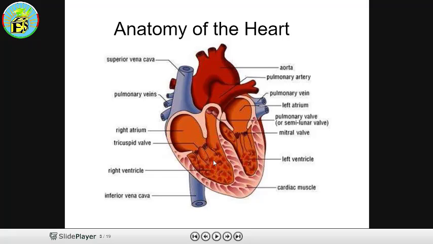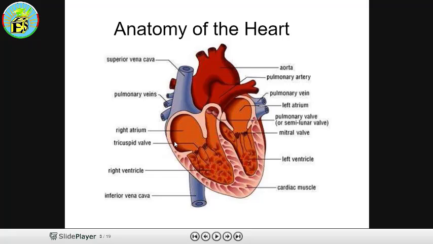These are the pumps. If you can see, right pump, left pump. We can say that these are the two chambers. Each chamber is being divided into two. Here and here. Here and here.